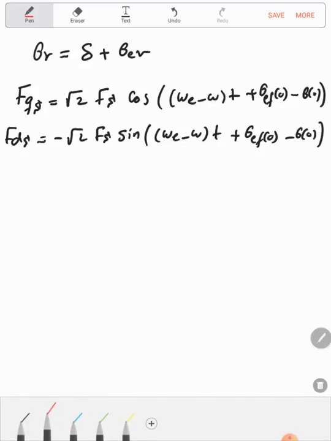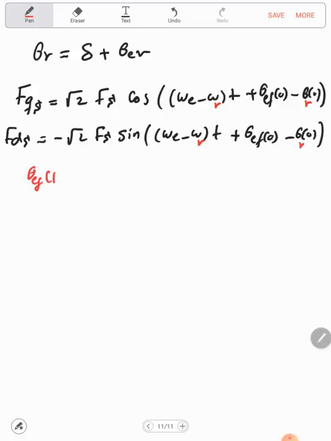Now, in rotor reference frame, omega will equal omega_r, and this theta will equal theta_r. If we separate the variables, theta_ef of t equals omega_e t plus theta_ef of 0, and theta_r of t equals omega_r t plus theta_r of 0.